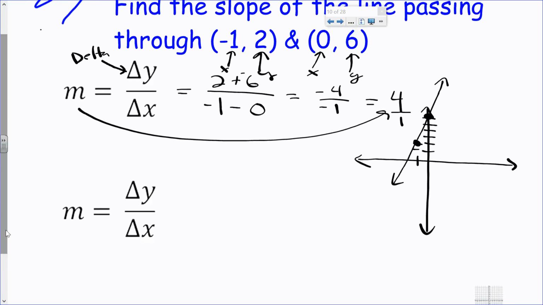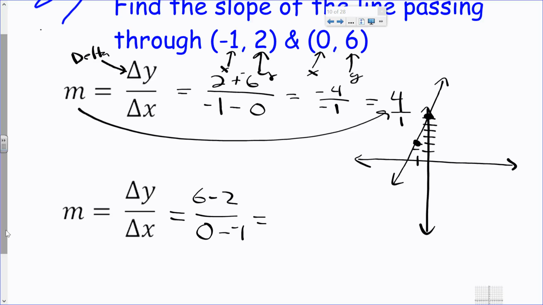Let me do it again. Delta y, delta x. But this time, instead of 2 minus 6, watch this. 6 minus 2. All right, there's my delta y's. And then, since I use 6 first, I use 0 first on my numerator. 0 minus a negative 1. Careful there.